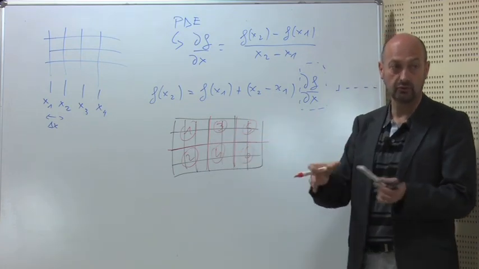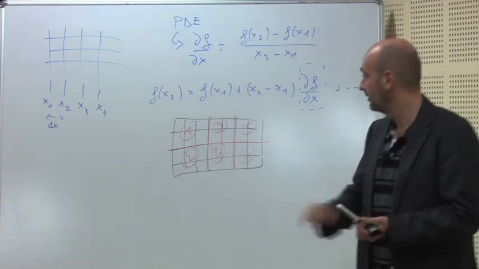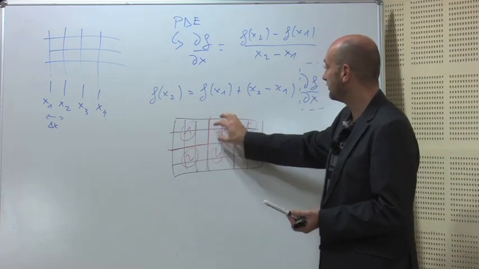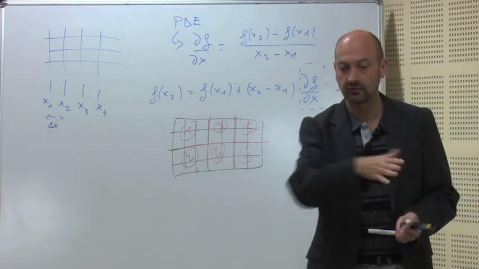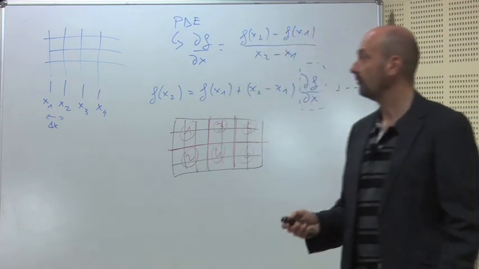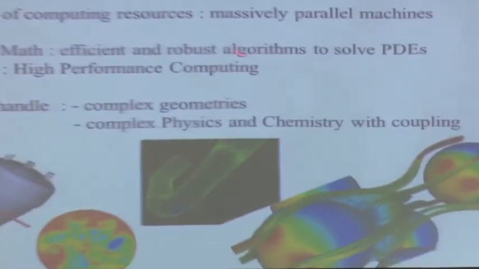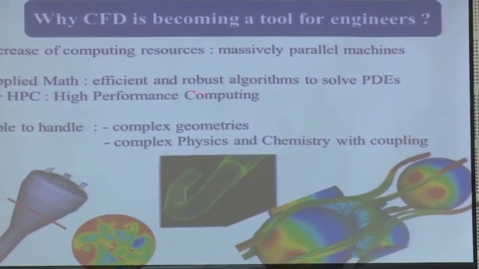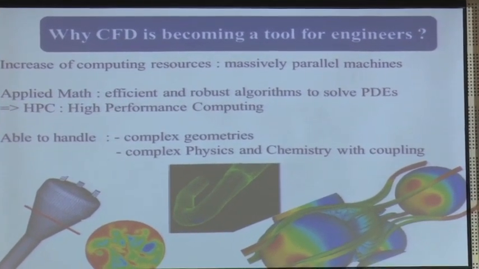You have to code that, and you have to do it properly, because if you solve these problems completely disconnected, it's meaningless. When you have a fluid flow, the fluid is moving everywhere. So you need to know a bit more about applied mathematics for the algorithm, but also to handle these new machines, which are called parallel machines.